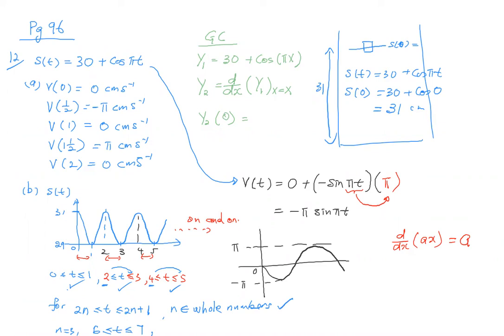Are you clear? So I can use the S(t) graph to help me. For trigo, always we go back to the graph. That is the best. Clear?